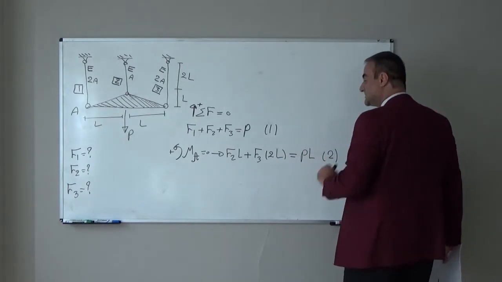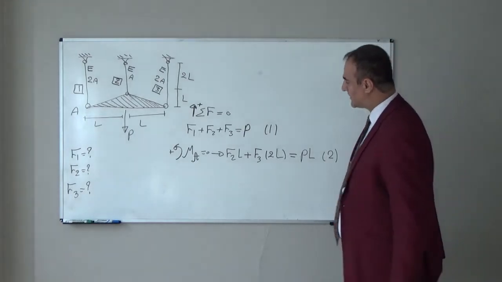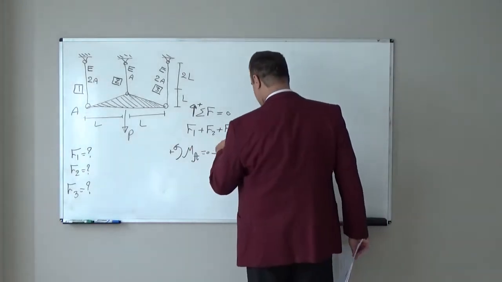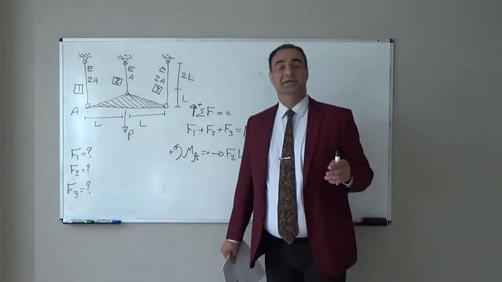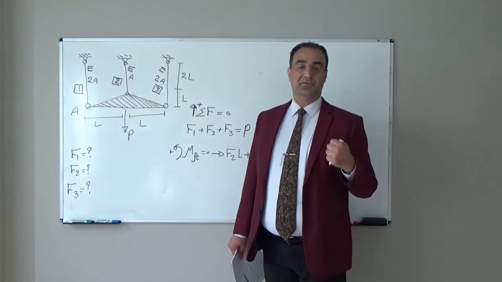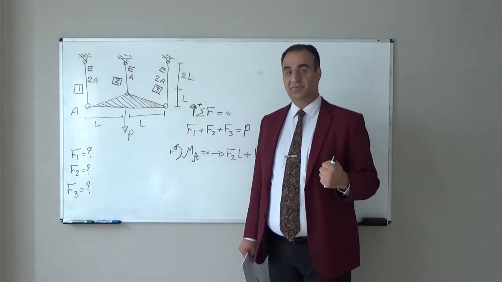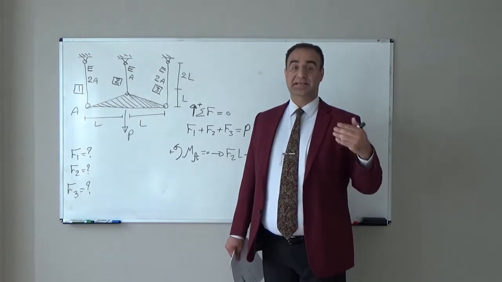This is the second equilibrium equation. Here we have 3 unknowns, F1, F2, F3, but we have 2 equations. The number of unknowns is more than the number of equations, so we cannot find F1, F2, F3. We need an extra equation.